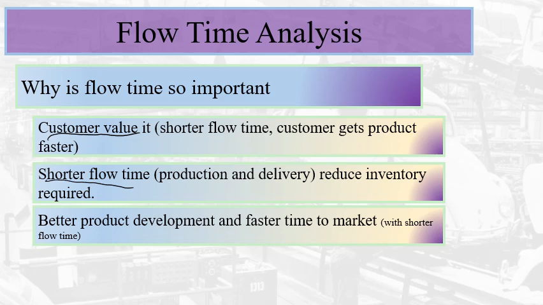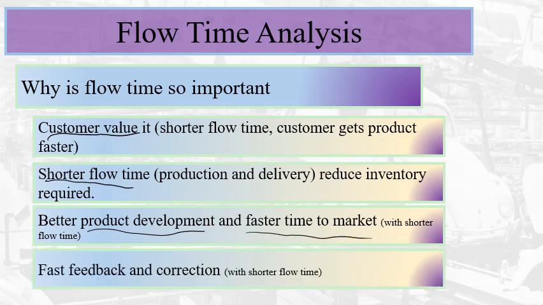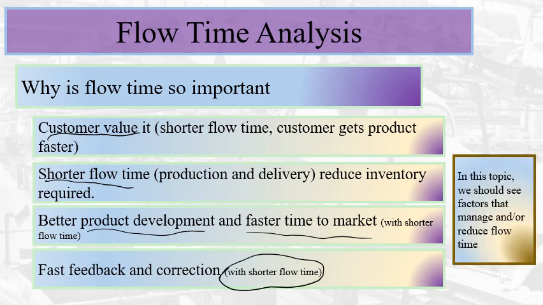Also, when it comes to product development and design, the faster you could design your product, the faster time to market. And for feedback and correction, if there are any corrections or feedback, it's also faster to do it if you have shorter flow time.